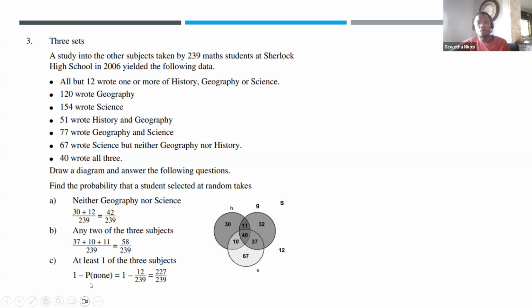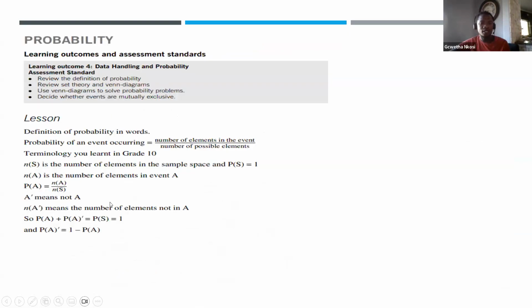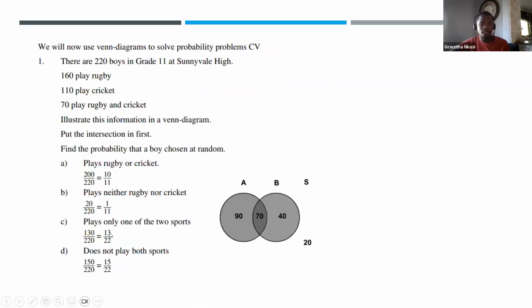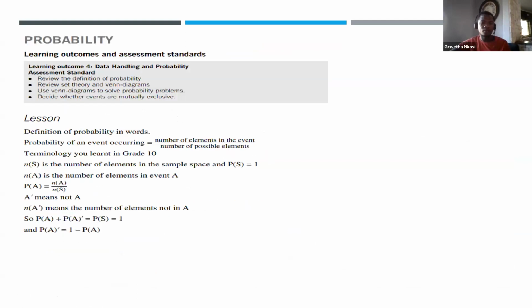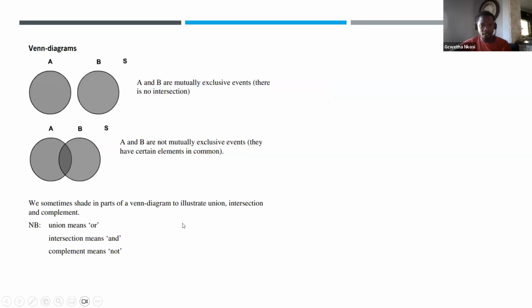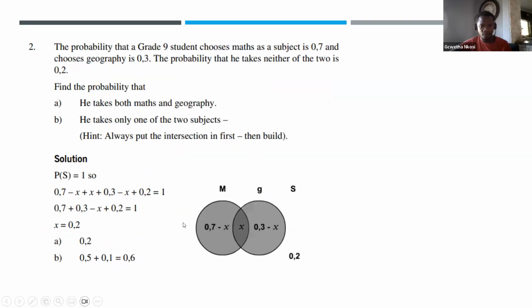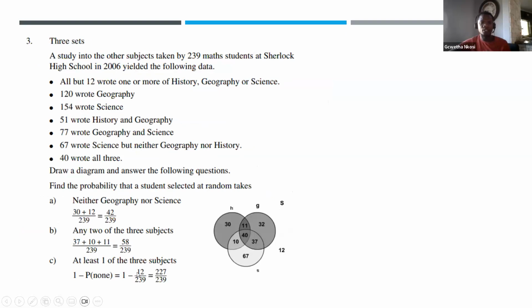So it should be 1 minus the probability of none, and we are going back again to use this formula: the probability of the complement is 1 minus the probability of A, or you can say the probability of A is 1 minus the probability of the complement. So that's what they meant in this question.